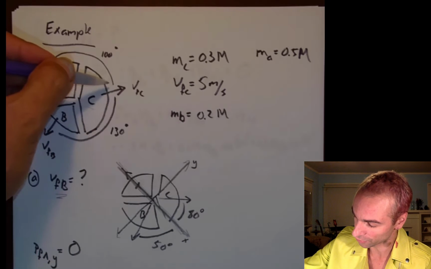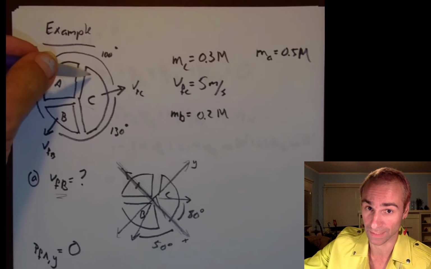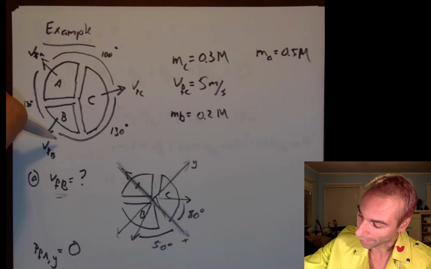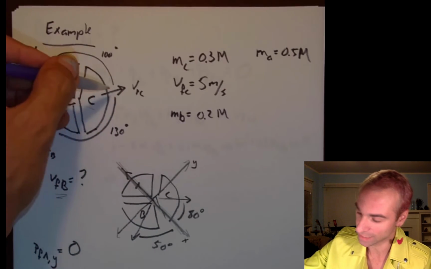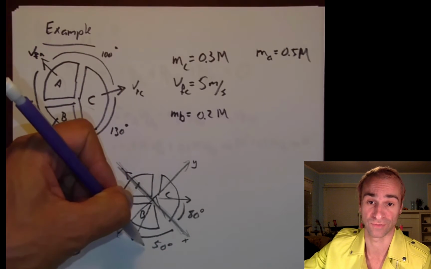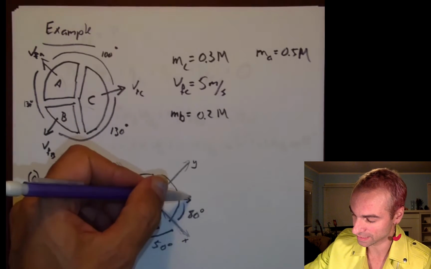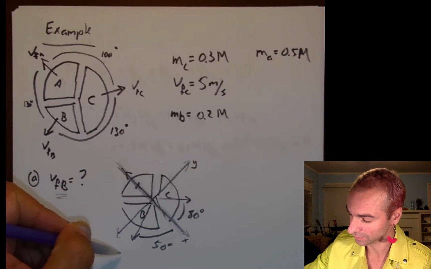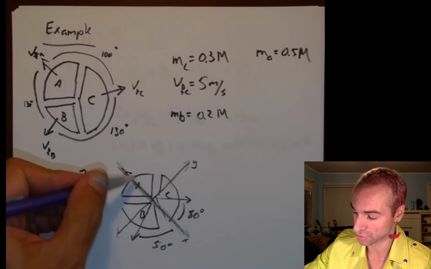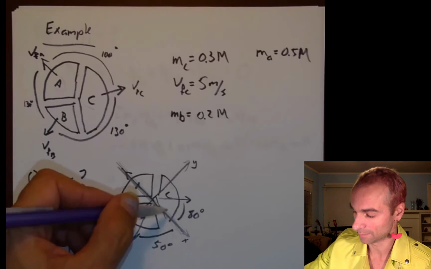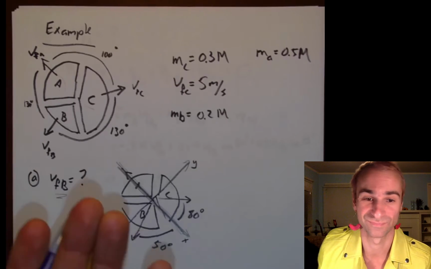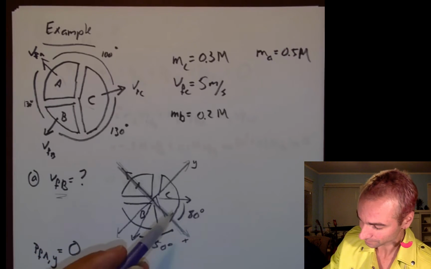And I know that it's 130 degrees around to the B. It gives me that angle, 130 degrees. And so if I just take 80 away from 130, I'm left with 50. So I can get the angles of the C velocity vector and the B velocity vector with respect to this new x-axis, just by doing a little bit of simple geometry.